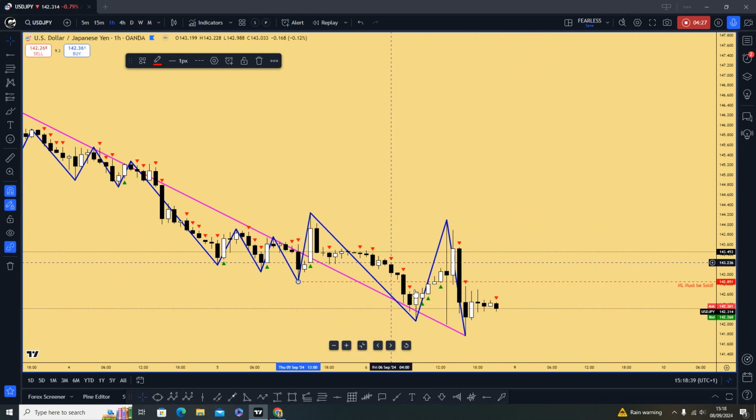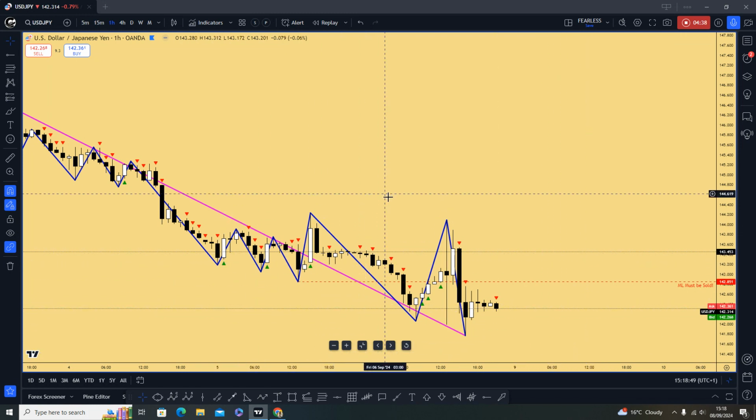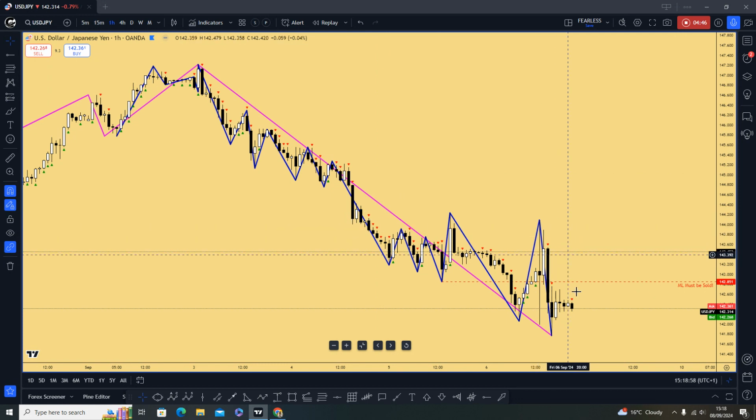Once we see a completed wave structure, then we can look at it from a buying point of view, and that buying is going to be short-term buying. But I would not advise you to buy the dollar yen from where it is right now. The best trade is sell or do nothing on the dollar yen for now.